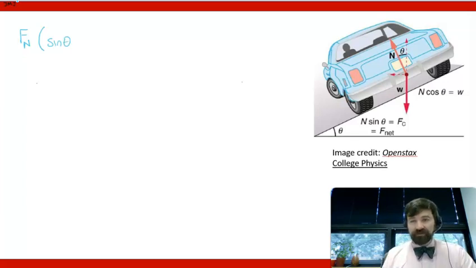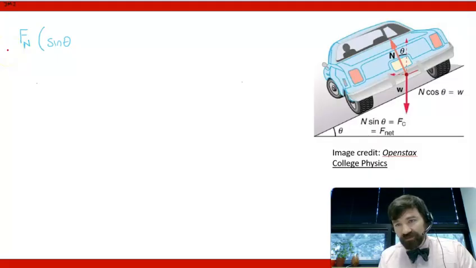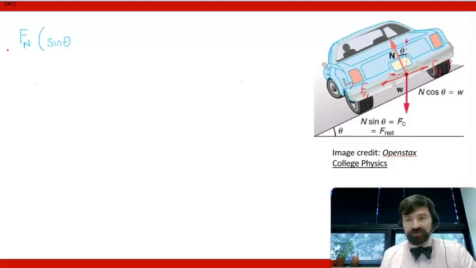And then we also have friction, or we stated we had friction present. Remember that friction, if we added it to this diagram, could either be pointing this way up the curve or this way down the curve. So this could also be friction, and we'll put a little question mark because we don't know whether it's up or down the curve.